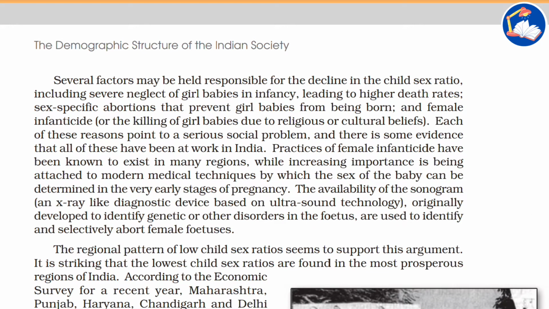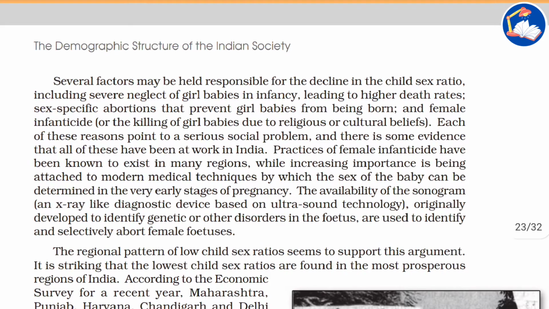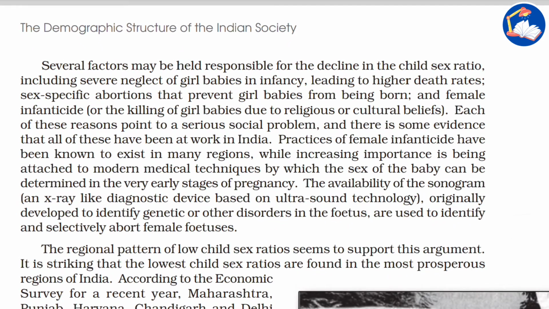Several factors may be held responsible for the decline in the child sex ratio, including severe neglect of girl babies in infancy, leading to higher death rates, sex specific abortions that prevent girl babies from being born, and female infanticide, that is killing babies due to religious or cultural beliefs. Each of these reasons points to a serious social problem, and there is some evidence that all of these have been at work in India.